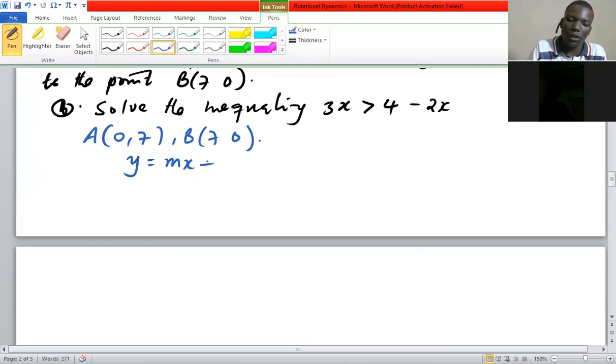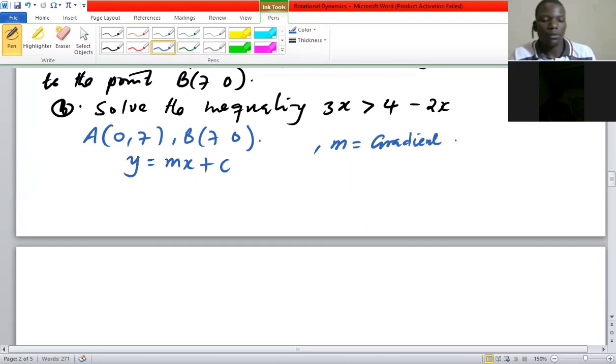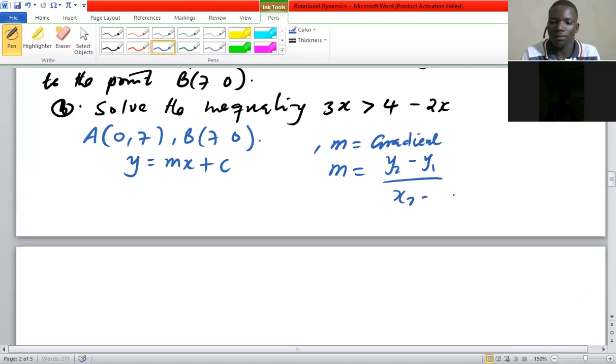Now this m is the gradient. We need to get the gradient, since we don't have the gradient and we don't have the constant c. The gradient is given by y2 minus y1 over x2 minus x1.